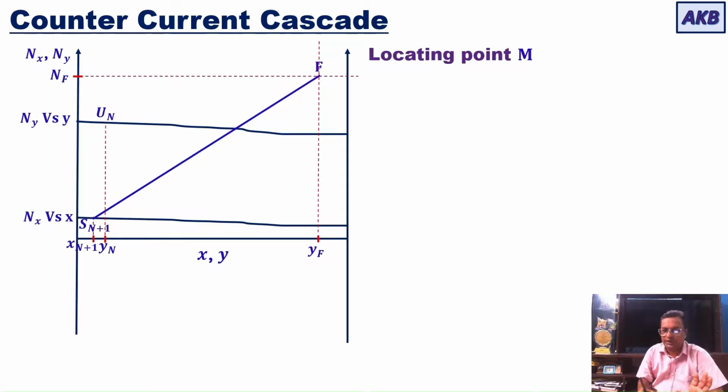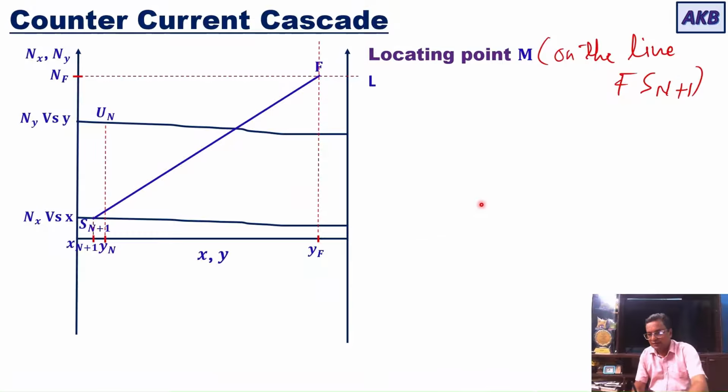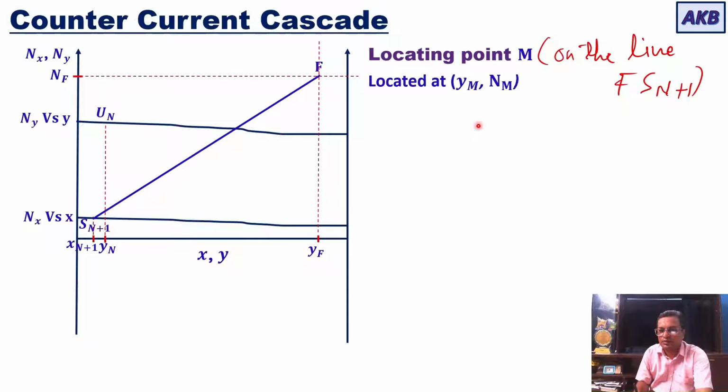So it will be located on the line f Sn plus 1. We have already drawn that line. So it will be located at ym, nm on the line f Sn plus 1. Nm, first we will have to find it by using the equation.